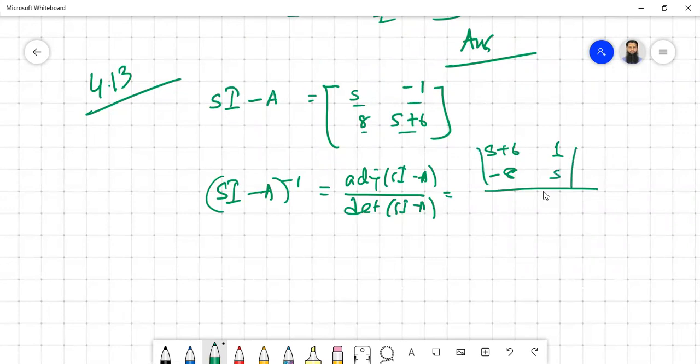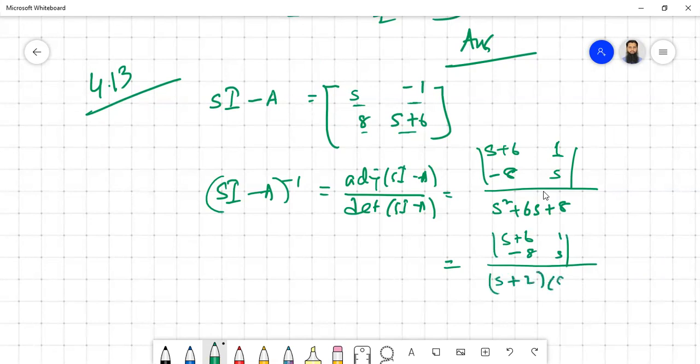So just figure it out. And then you have the determinant we already figured out in the last problem, s squared plus 6s plus 8. So we actually have something like this: s plus 6, 1, minus 1, s, minus 8, over (s plus 2)(s plus 4).